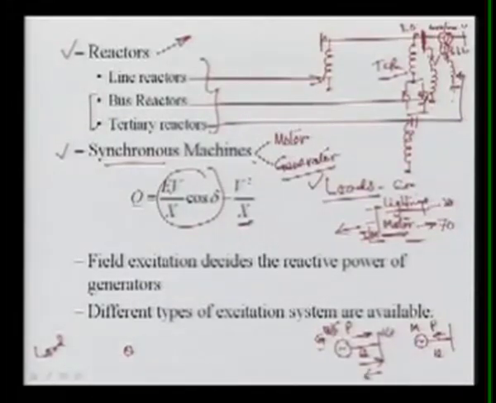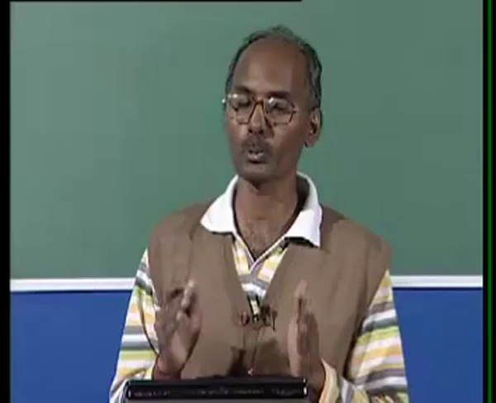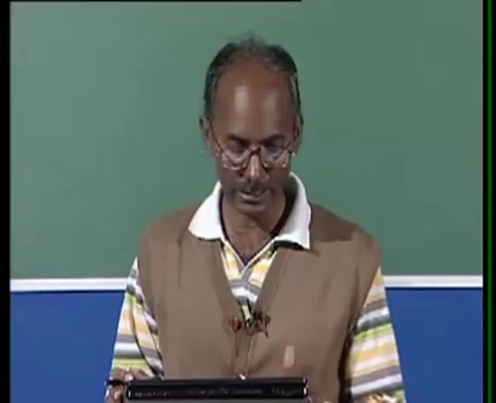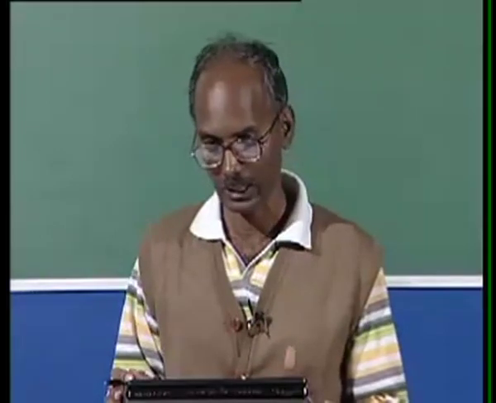Now again this leading and lagging concept we can decide, and I'll explain how it will be leading. If P and Q, P plus jQ, I can say it is lagging. If it is P minus jQ, I can say it is leading. So the V curve is one approach by which we normally say whether it is leading or lagging.